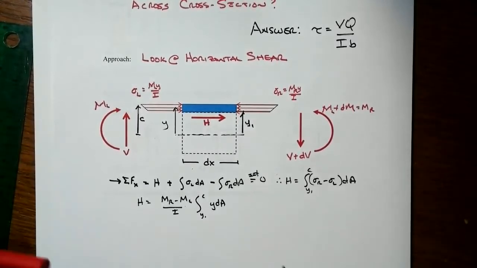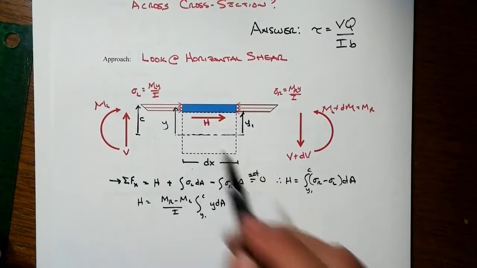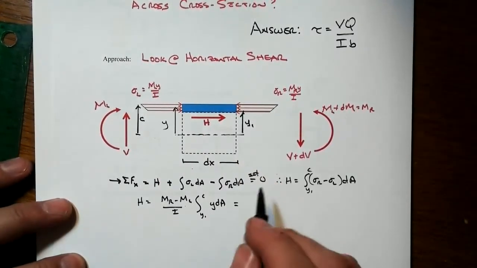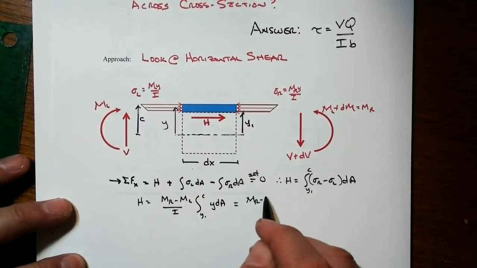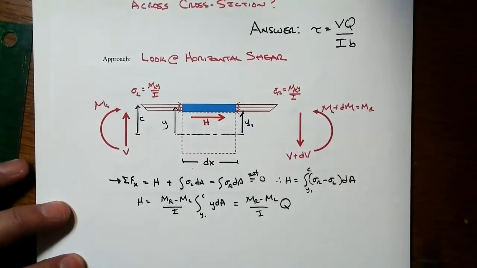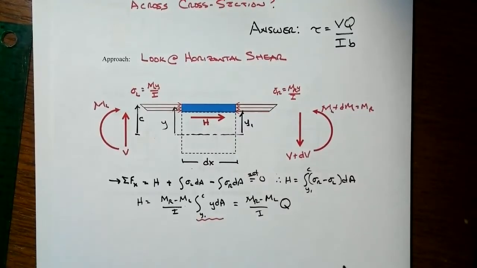Right now, oh, wait a minute, y times dA, a distance from the neutral axis to some little area, that's just the first moment of an area. And we've got a special symbol for that. That special symbol is Q, right? It's defined to be this little first moment of area business. That's what's going on right now.